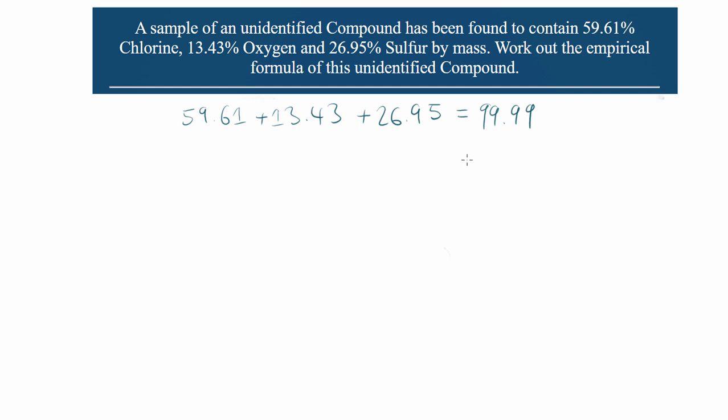We're going to assume, for the purpose of this question, that number is extremely close to 100. If I was to round this to 1 decimal place, it's basically 100.